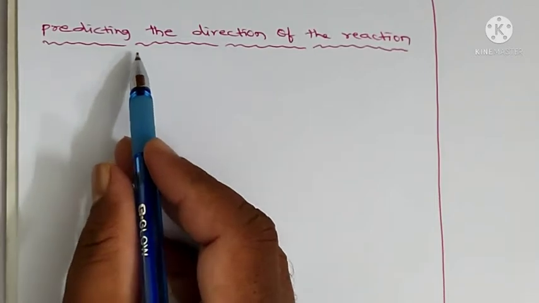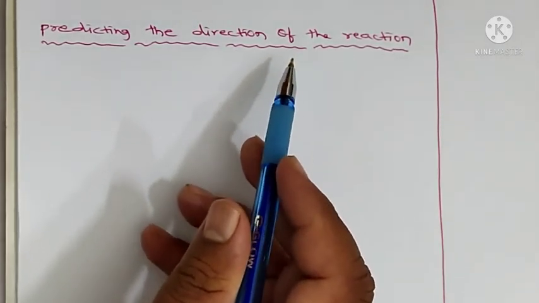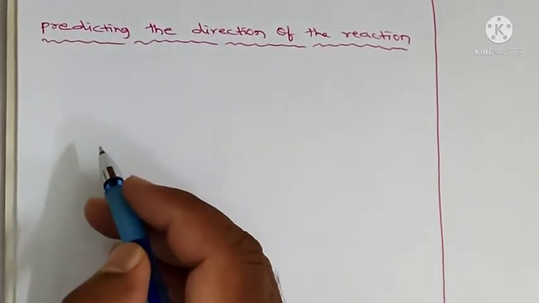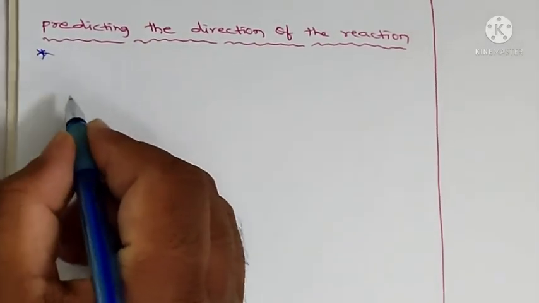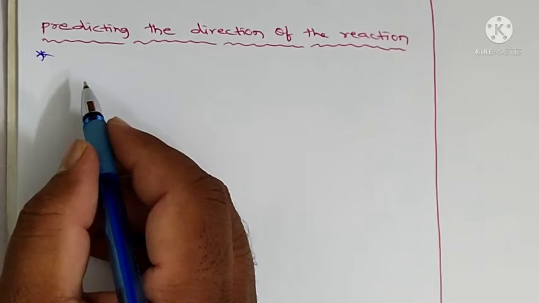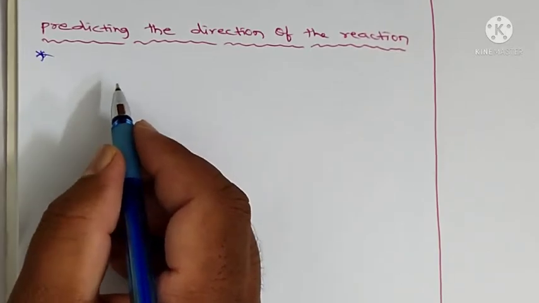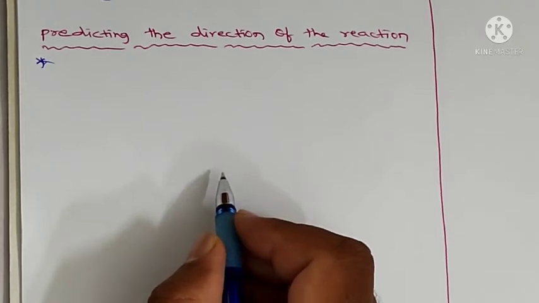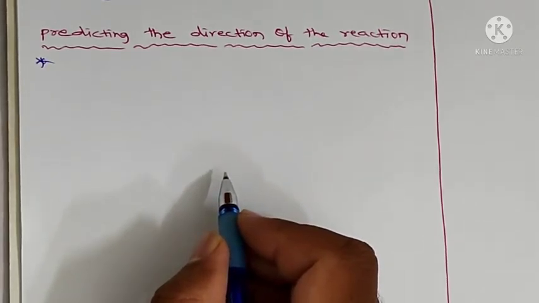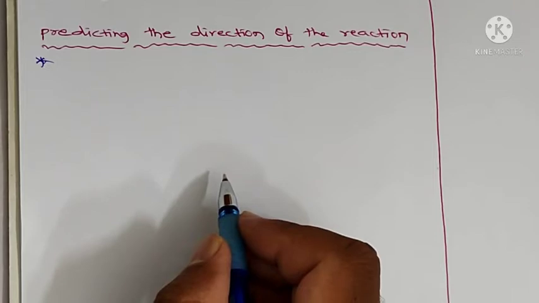And next one, predicting the direction of the reaction. The equilibrium constant helps in predicting the direction of the reaction at any stage, which specifies whether it moves forward or backward.